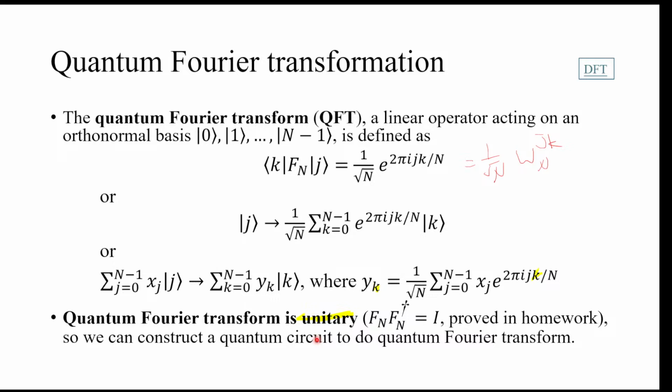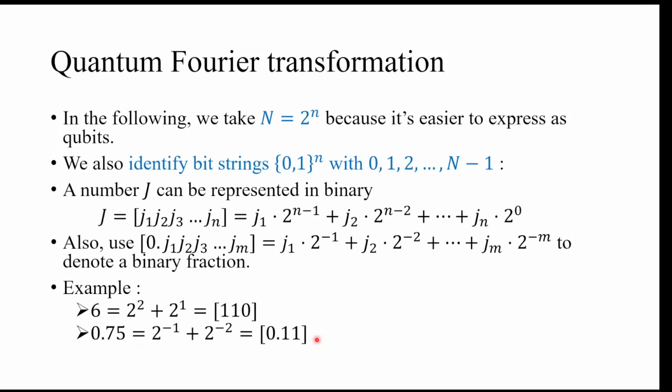What's good about the quantum Fourier transform, why people like it, is because on a quantum computer you can do the quantum Fourier transform much faster than you can do the discrete Fourier transform on a classical computer. Okay, and so now let's go to the hard part, and let's try to construct our quantum circuit to do the quantum Fourier transform.